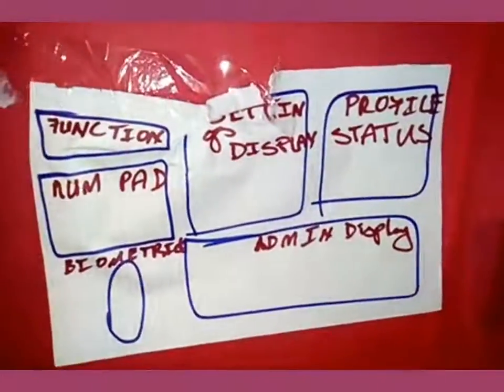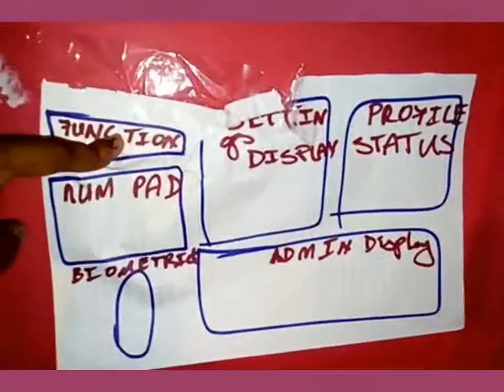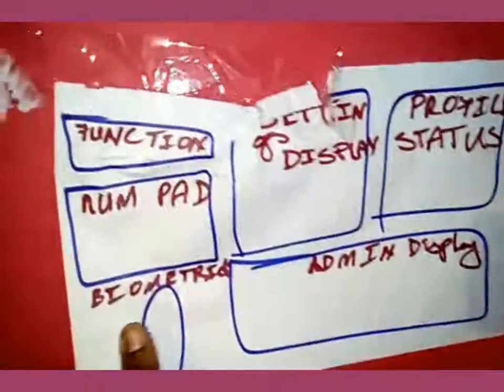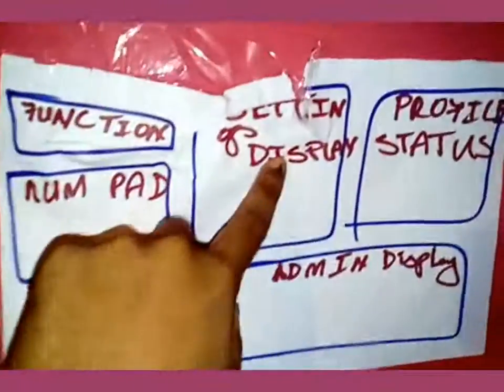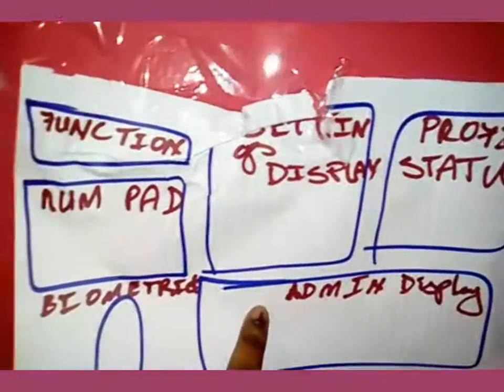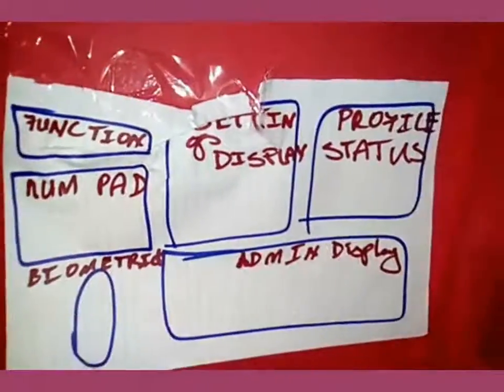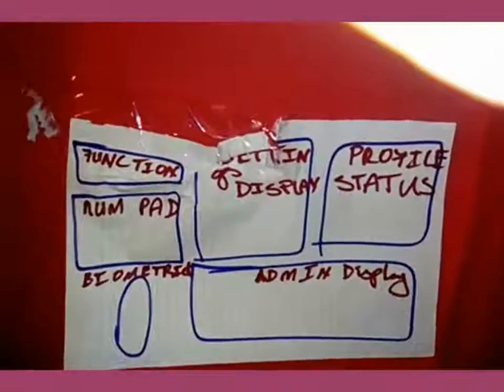Our initial interface has a function menu, a numpad, a biometric, a settings display, a profile status, and an admin display. And I'll expand on that more on my laptop. Now let's head to the other displays and see if this display format and prototype format, which we made modular, is good enough for Denny to use and purchase.